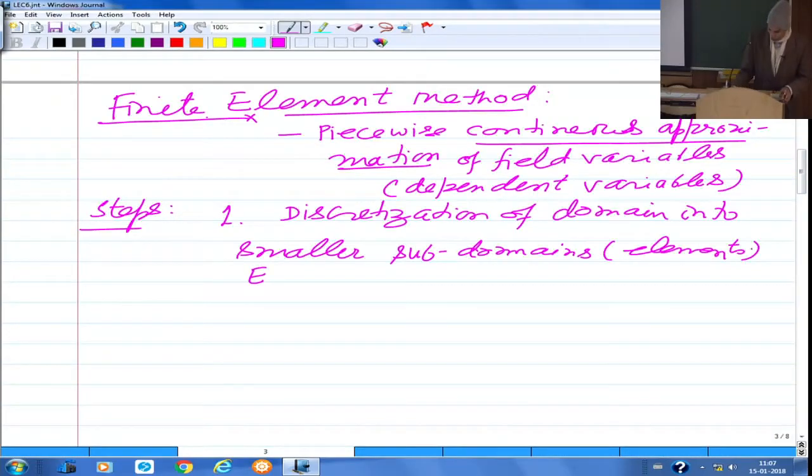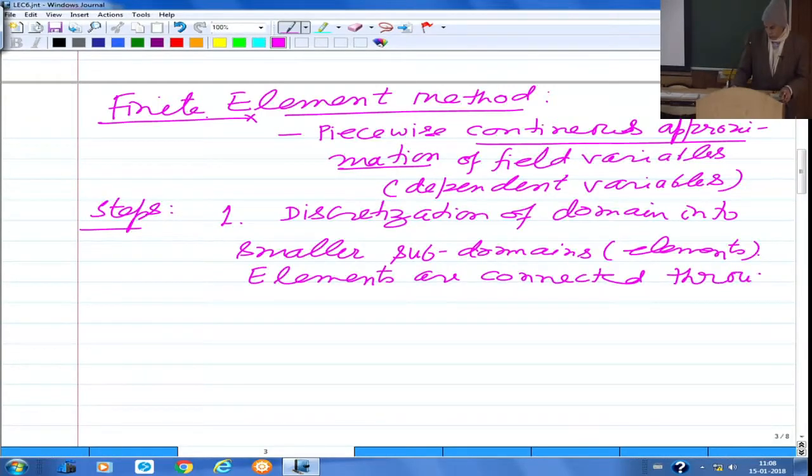So the elements are connected through points which we actually call nodes.